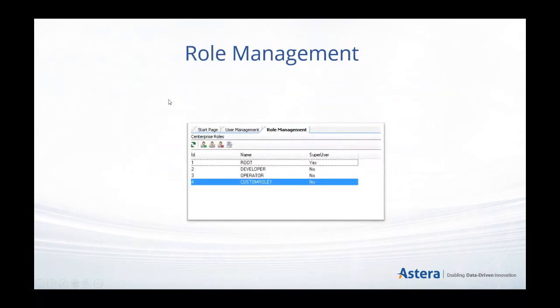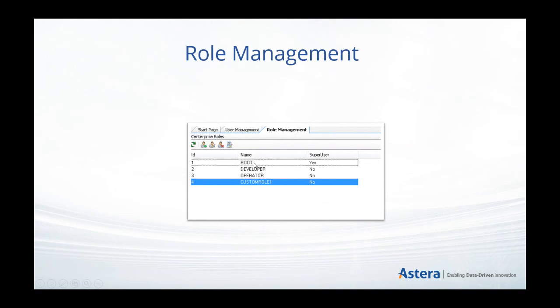The roles now, a lot of these are the default roles: developer, operator, and root. And I can also add my own custom roles. These roles make it so that I don't have to define that fine-grain access for every single user. I can just say, okay, this is the role, and we have typical roles in mind, like a developer, somebody who's working with Centerprise.